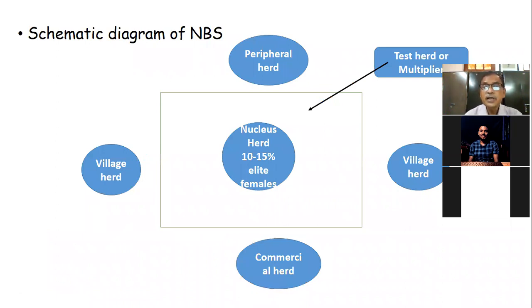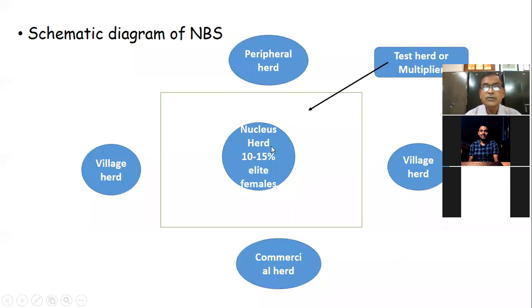This is the farm, the organized farm. This organized farm is divided into two. One is centrally the nucleus herd, which is constituted with the 10 to 15% elite females of the total herd strength, and outside the periphery of the nucleus you see the test herd or the multiplier herd.